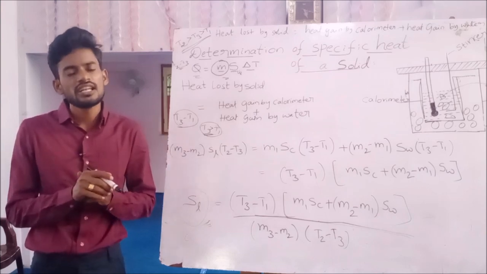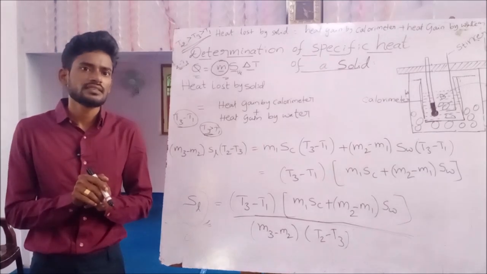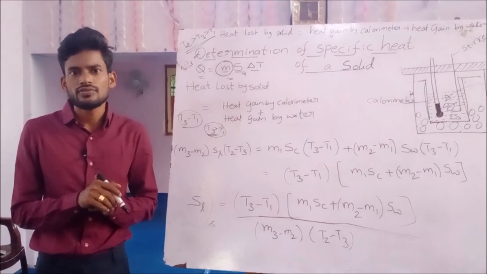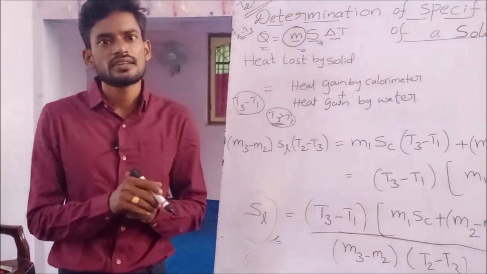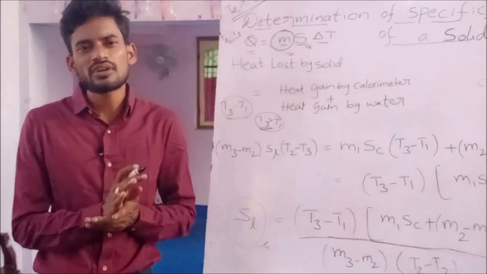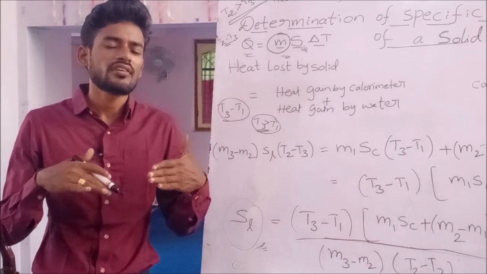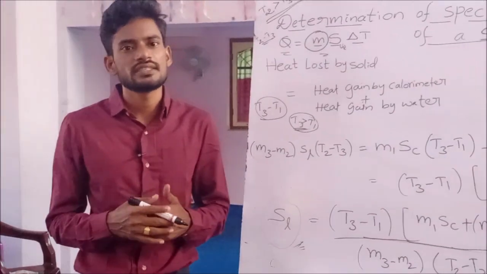Values: latent heat of vaporization 540, latent heat of fusion 80, of course latent heat of ice. These numerical values are very important, and do learn them, and you are going to write a test on what we have completed so far. Thank you.